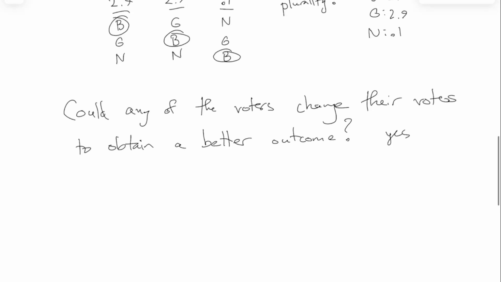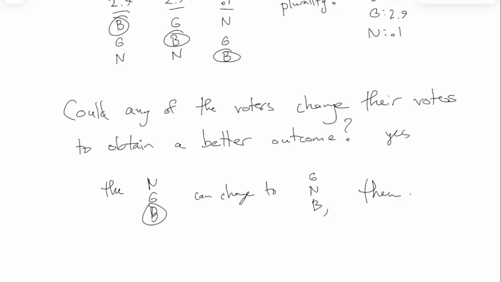The Nader voters, so the Nader, Gore, Bush, so Bush being the winner here, can change to Gore, Nader, Bush. And what is the effect of that?